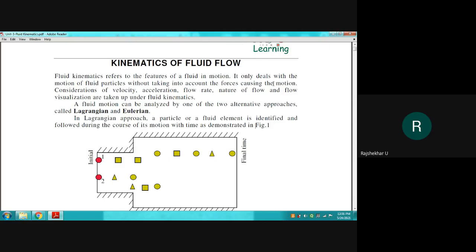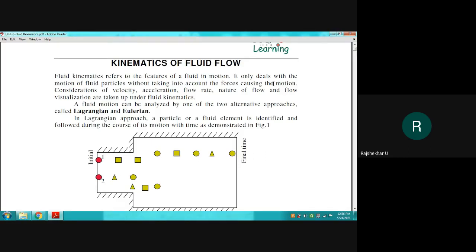We are measuring its velocity and its acceleration, but we are not considering the force which is making the fluid move. If you consider the force acting on the fluid, then that becomes fluid dynamics.